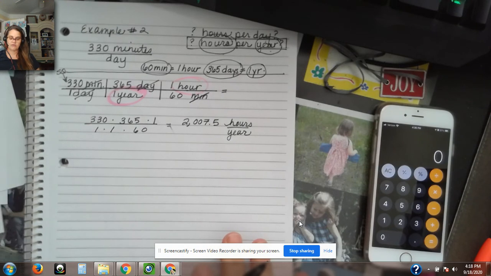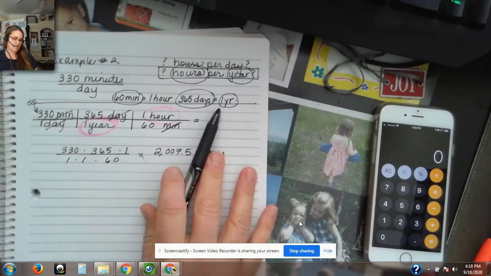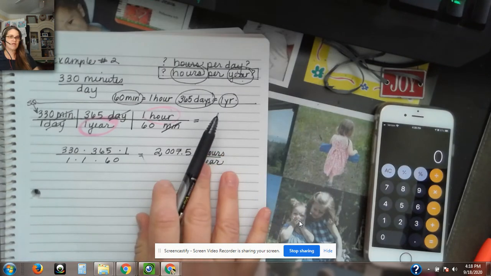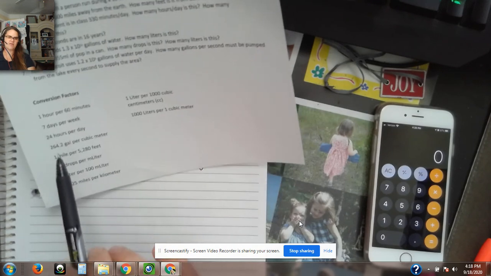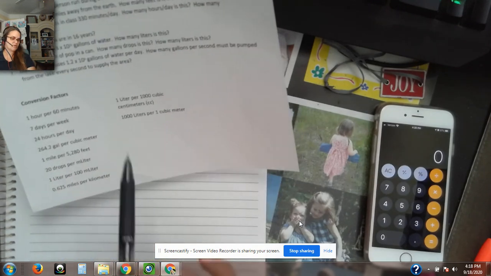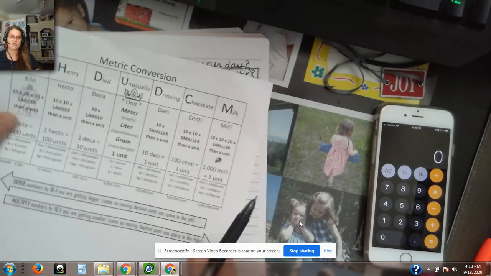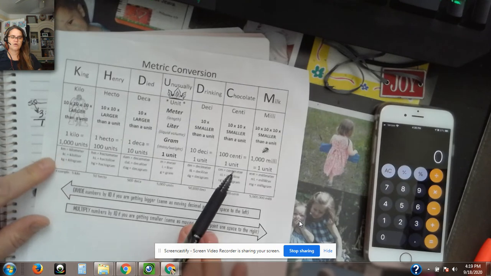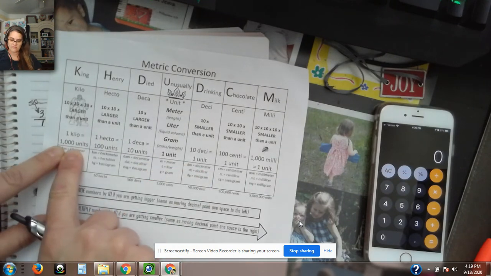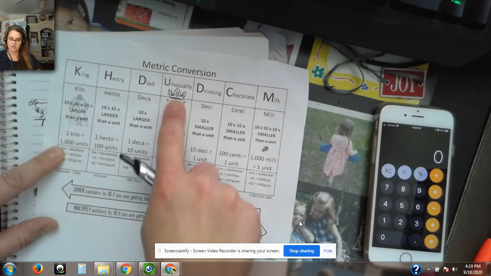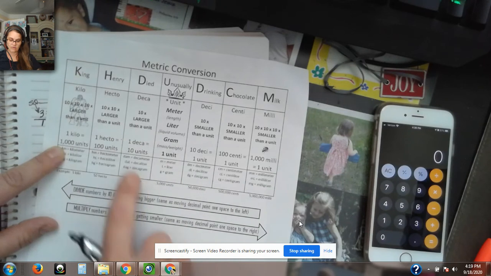Now, did you notice I knew a lot of these, which I think you know a lot of these off the top of your head. On the conversion sheet practice that I have, there's a ton of these where I've given them to you. We also have the conversion factors from the metric conversion. So there are 1,000 of the unit, so either a meter, a liter, or a gram, in 1 kilogram.